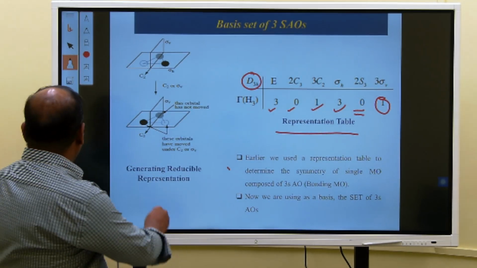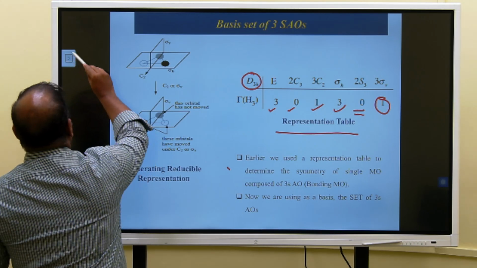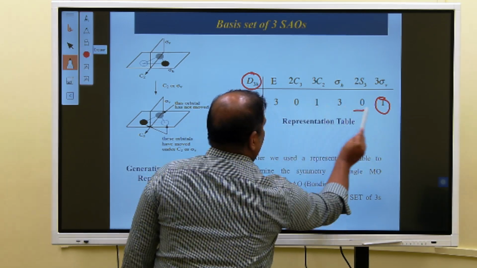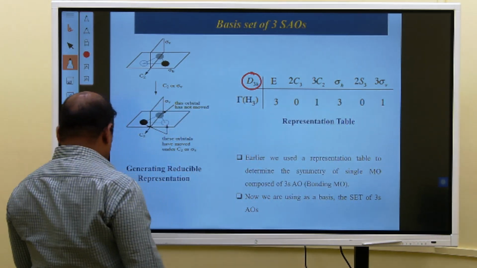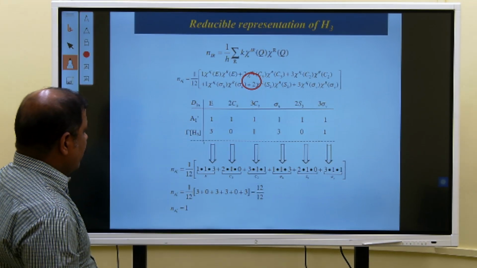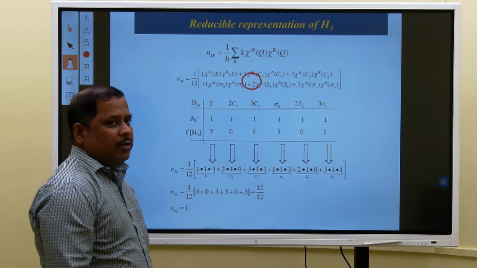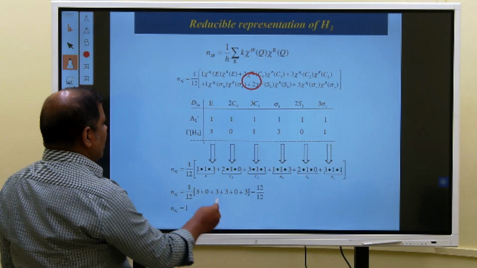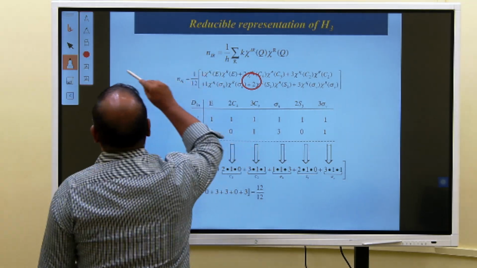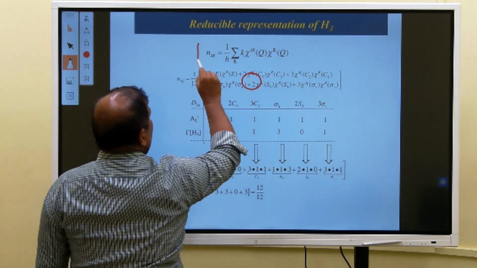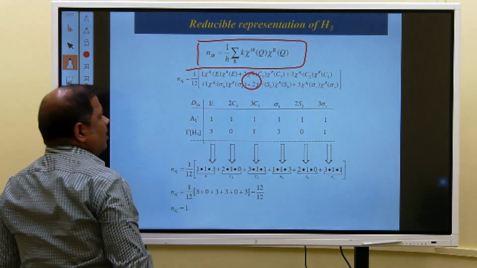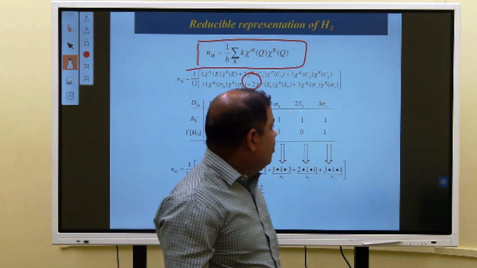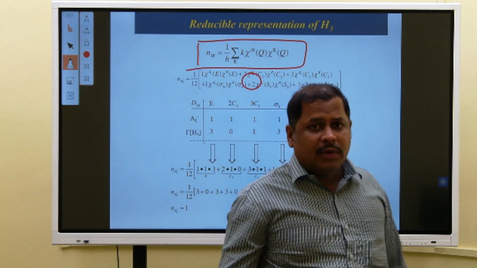Now the next job is we will find out the reducible representation. So this is the formula, right? n_i(R) is equal to 1 upon h summation of k_i(R) multiplied by chi(R), right?